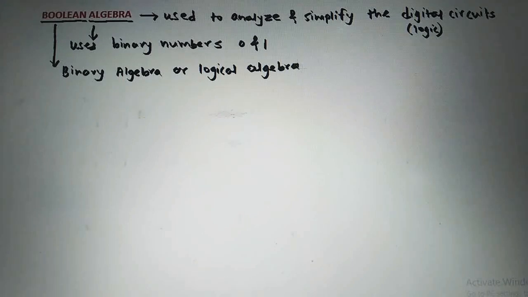Why is it called binary algebra or logical algebra? Because Boolean algebra uses binary numbers, that is 0 and 1.